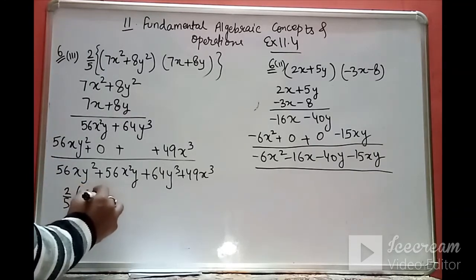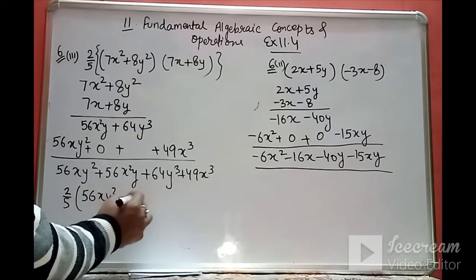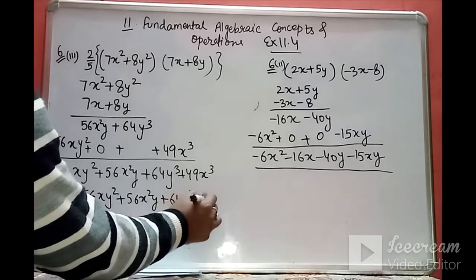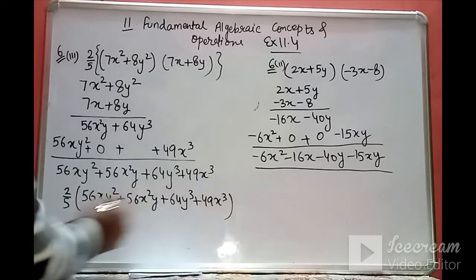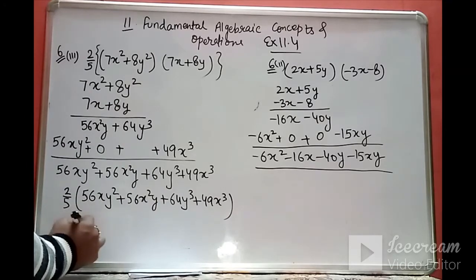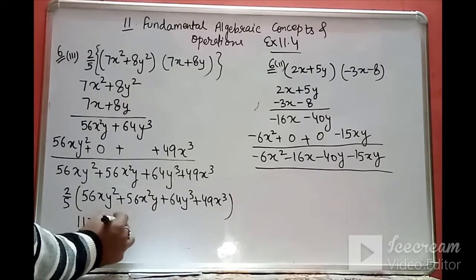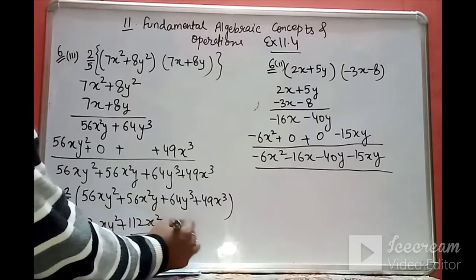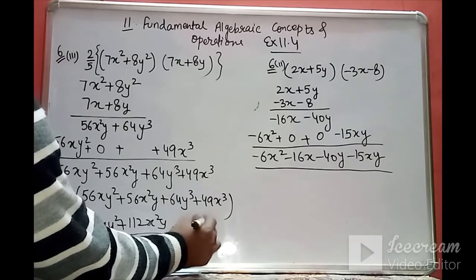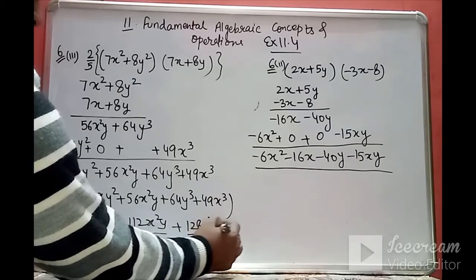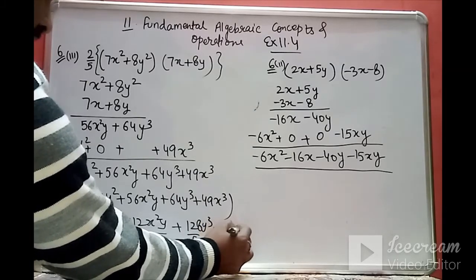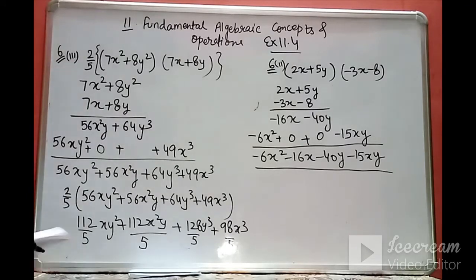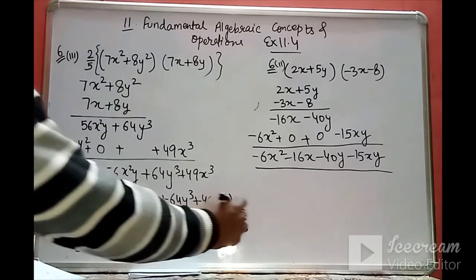So when you multiply, you will get 112 upon 5 xy square, 112 x square y upon 5 plus 128 y cube upon 5 plus 98 x cube upon 5. Okay, so this is our final answer.